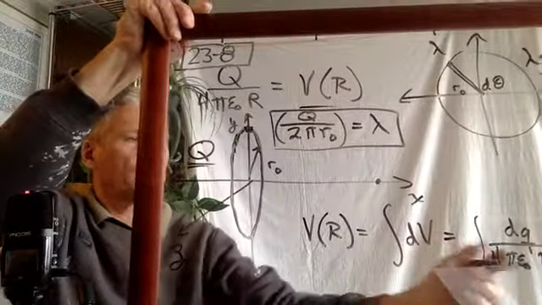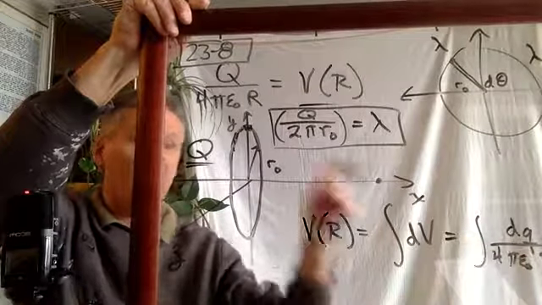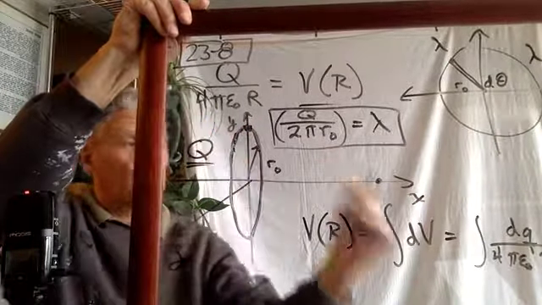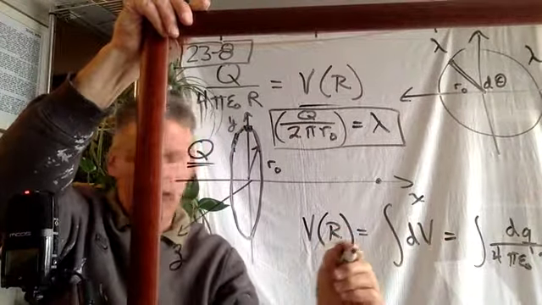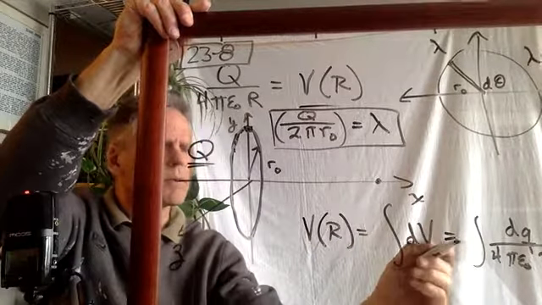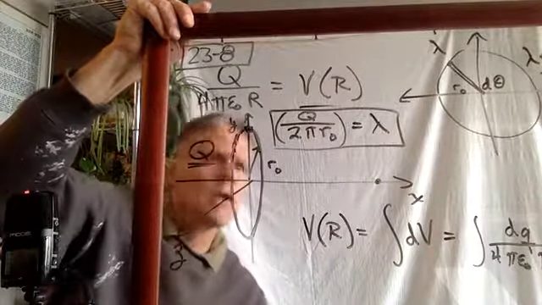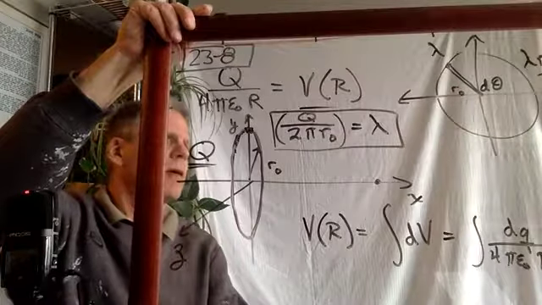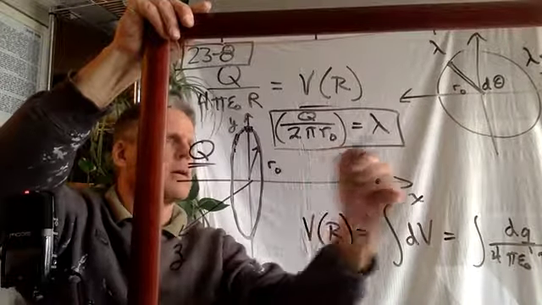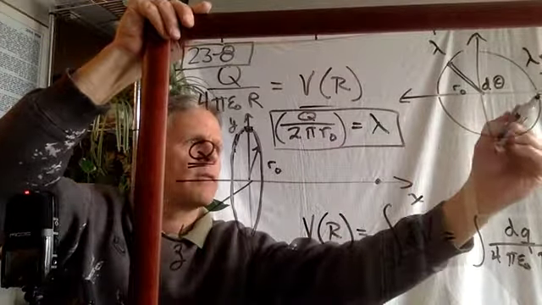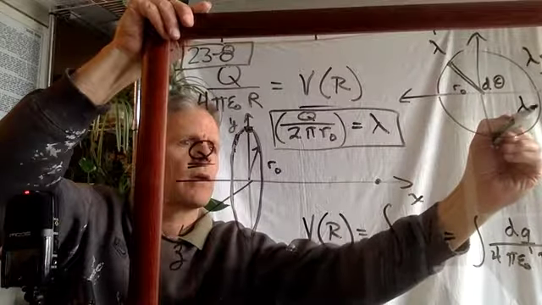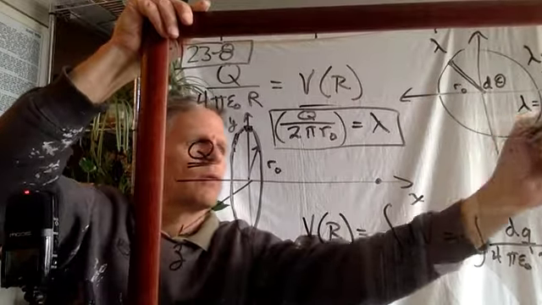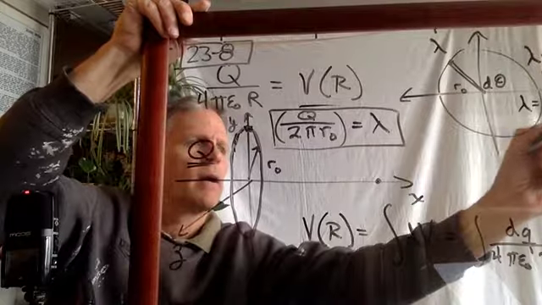Now what else do we need to look at? We need to look at our r, because our r might be changing too as we do this. Let's go ahead and make some space. I'm going to write this over here too: lambda equals q over 2 pi r0.